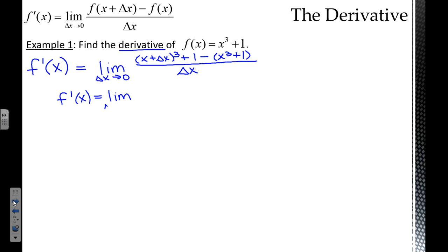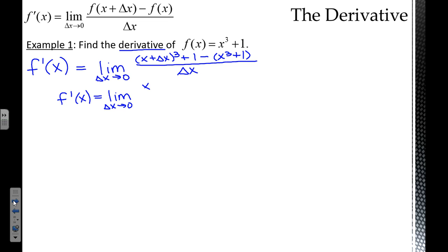Okay, we know that we need to do some algebra before we can evaluate the limit, because we have a 0 in the denominator. Okay? A binomial cubed. You can either multiply the 3 out, or you can remember Pascal's triangle, 1, 3, 3, 1. Right?